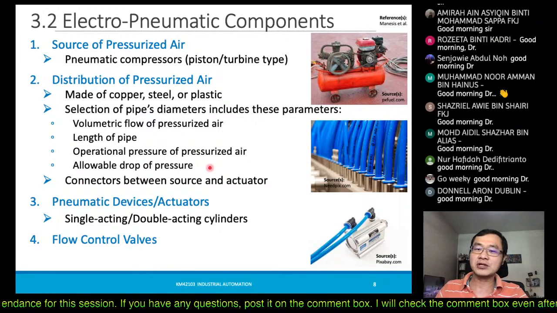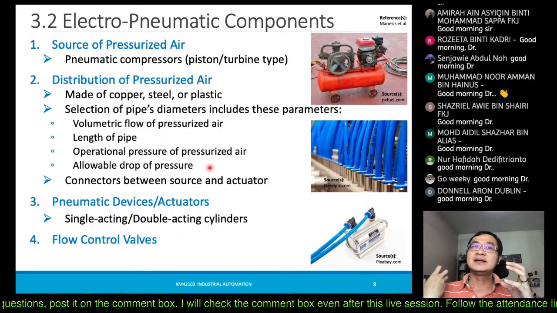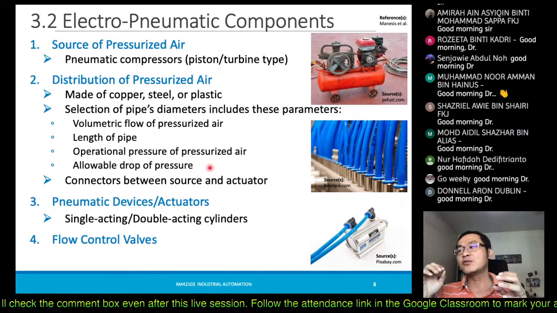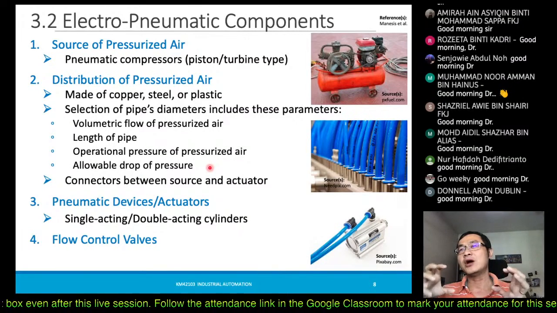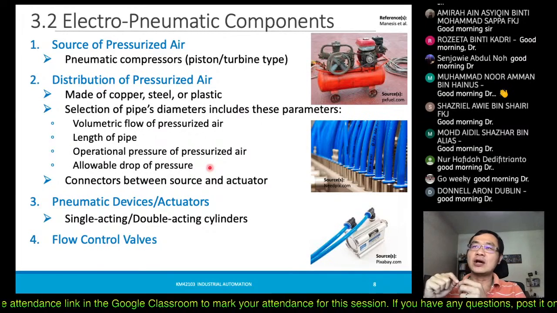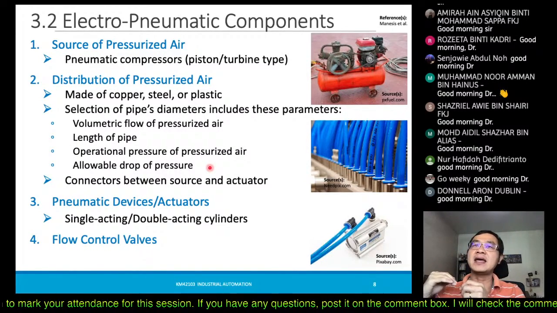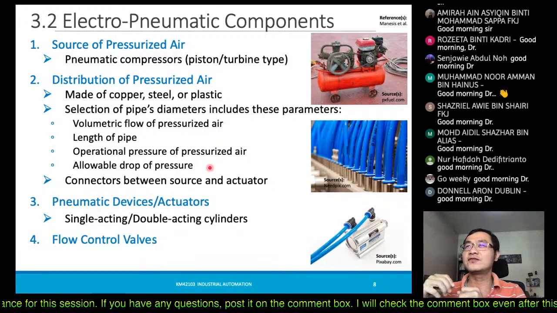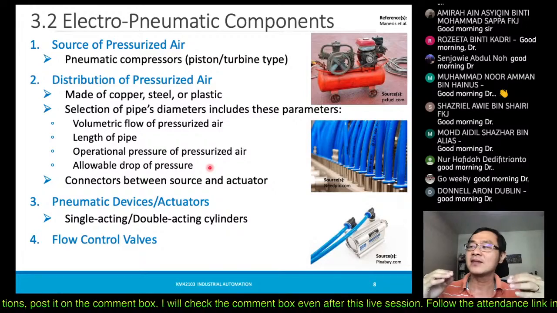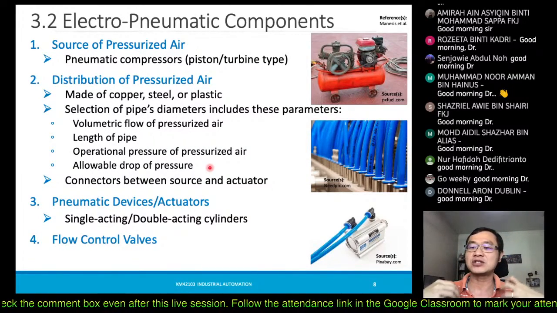and the most important part within this distribution should be the allowable pressure drop, because in order to operate that particular piston, you may want the pressure to be at a certain level. If you are connecting through a piping with a high pressure drop, then when it reaches the device or the piston itself, the pressure may not be high enough to operate as you intend.